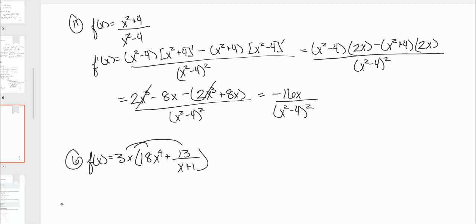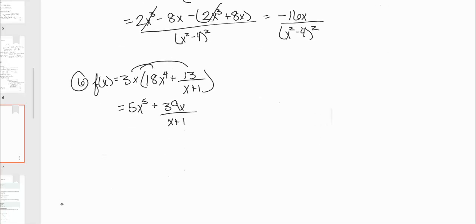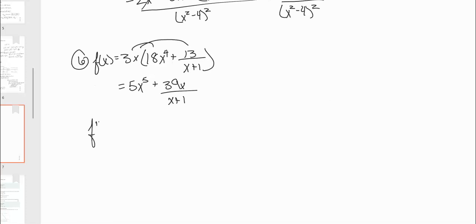Okay? I would not want to use the product rule with a quotient rule here. So I would want to simplify. So 3 times 18 is a 54 x to the 5th plus 3 times 13 is 39x over x plus 1. So now we're in a place where we could take a derivative easily.